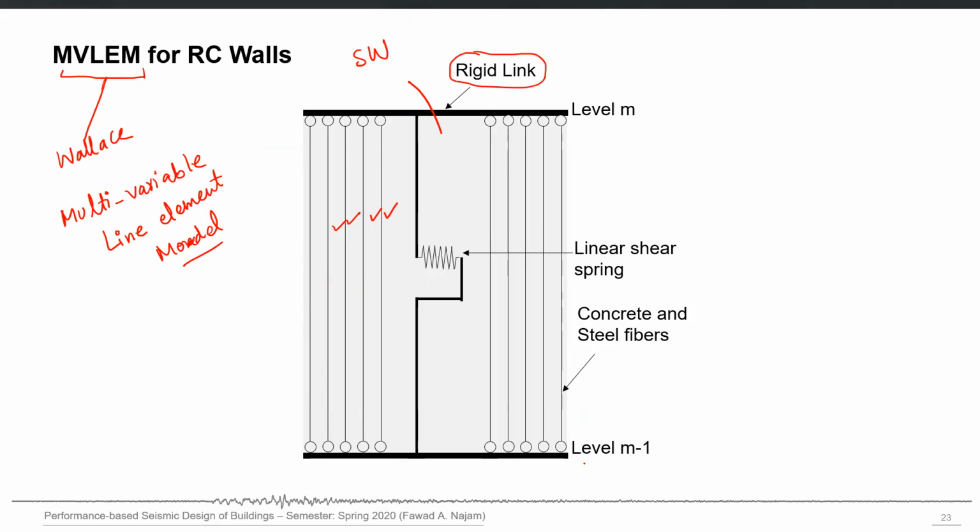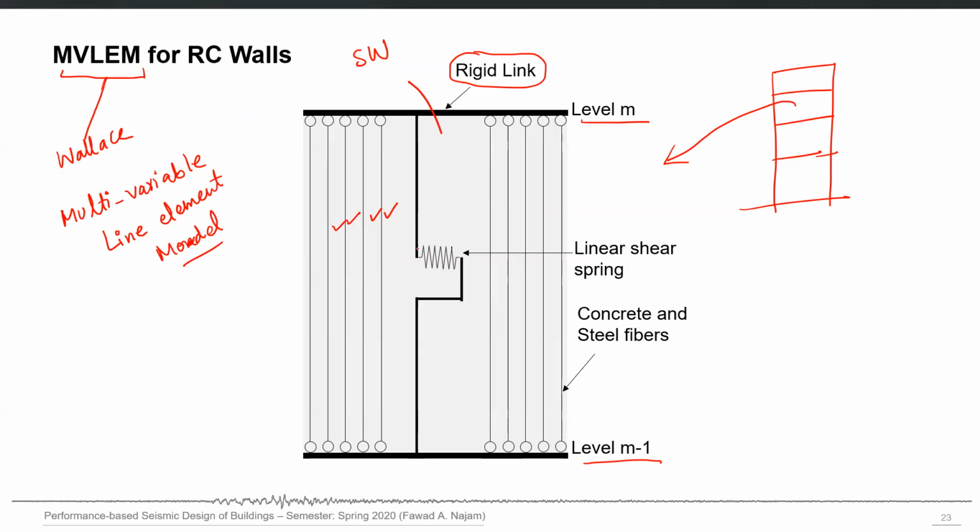So if you are at level M-1 and this is level M, for example, this is your shear wall panel along the height, and you just take one panel out. You use a rigid link at top and bottom, constraining the ends of the fiber model, and this will account for your axial and flexural interaction.